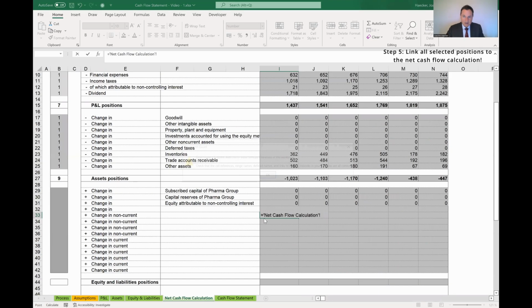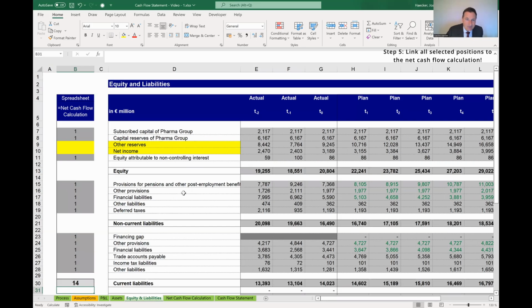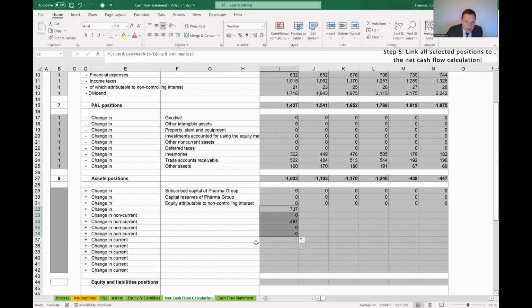Now, take it 1, 2, 3, 4, and one more. So this is a change in non-current positions, as pointed out. We end up at the deferred taxes. Just checking.